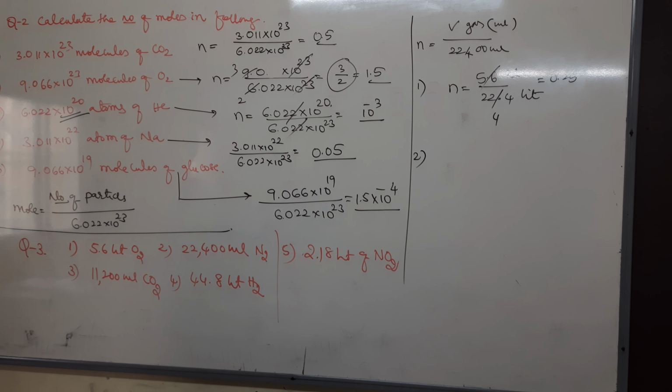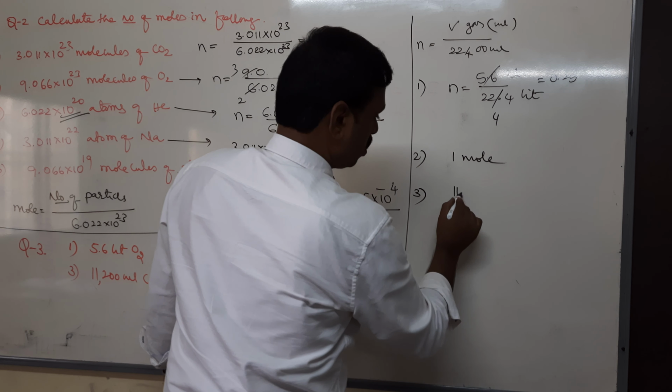Next, second one. It is 22,400 ml nitrogen. We know that 22,400 ml of any gas is equal to 1 mole. Therefore, it is 1 mole. Next, 11,200 ml. It is half of 22,400, yes or no? So therefore 11,200 divided by 22,400 equals 0.5.